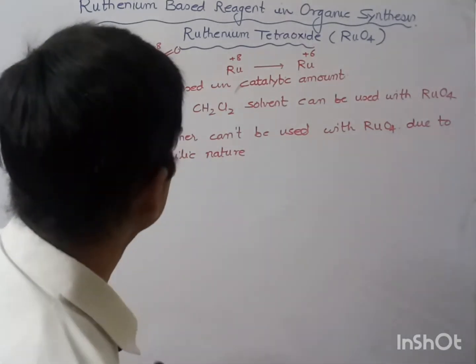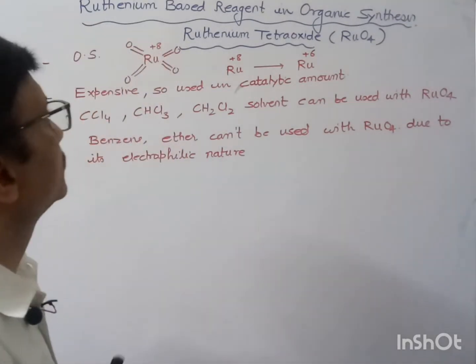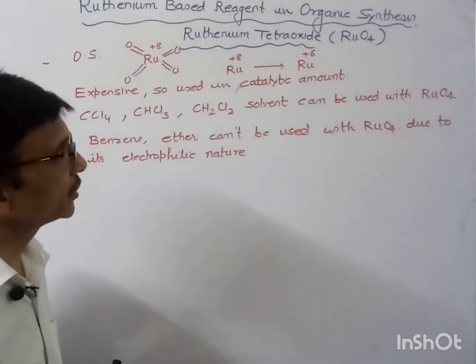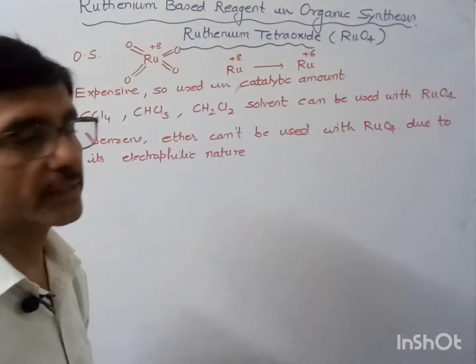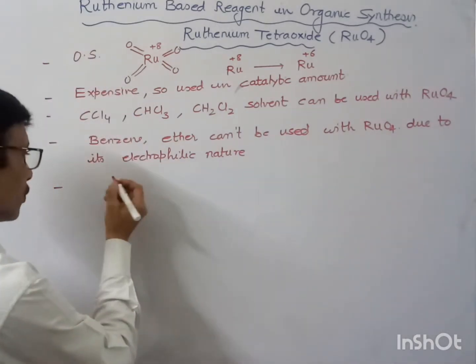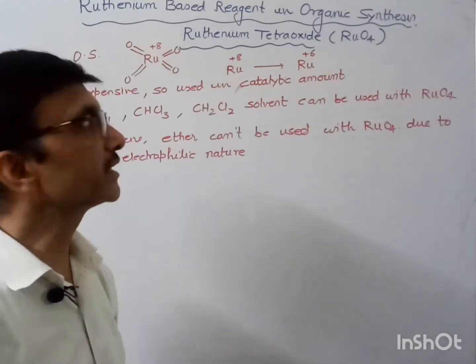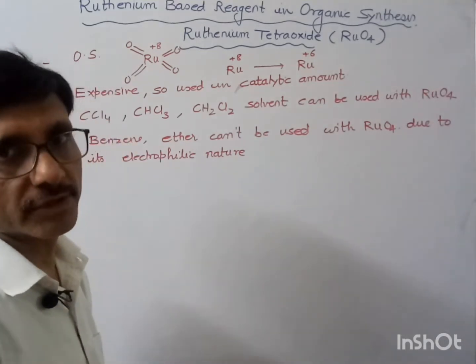That's why some alternate oxidizing agent, or we can say some co-catalyst or co-oxidizing agent, can be used with ruthenium tetraoxide.